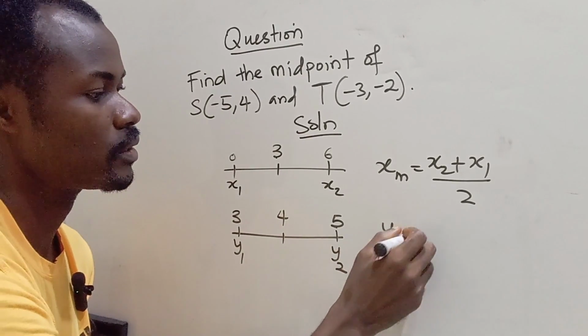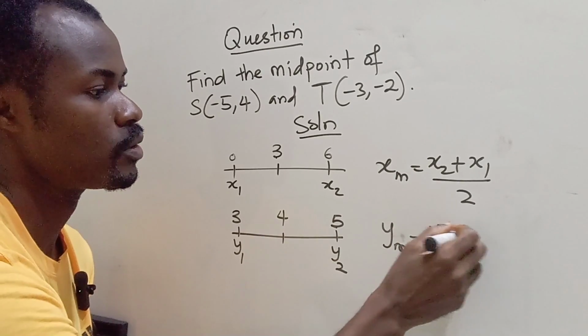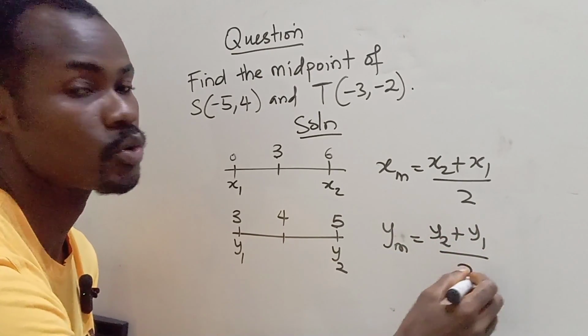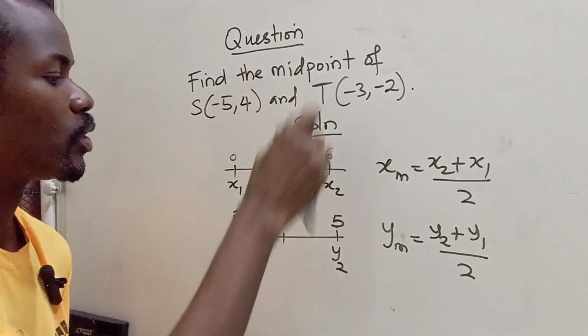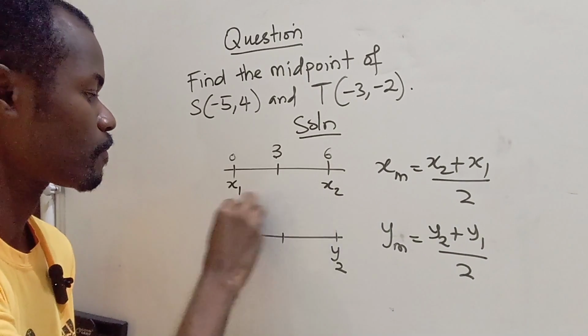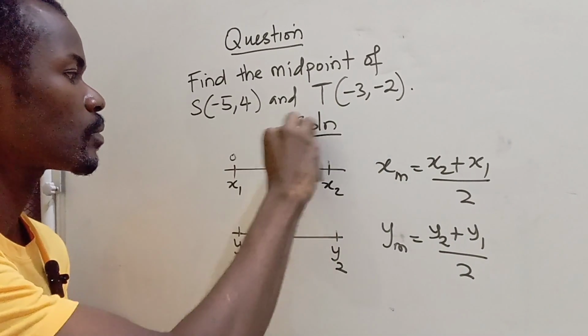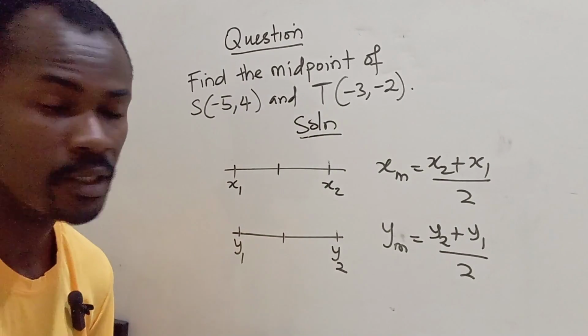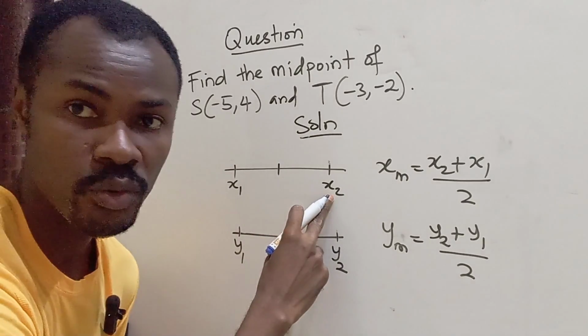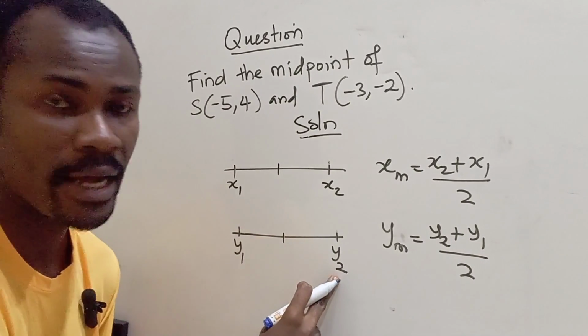So y midpoint is y2 plus y1 divided by 2. Now let's apply it to the question on the board. The first thing we want to do is find our values of x1 and x2 and y1 and y2.